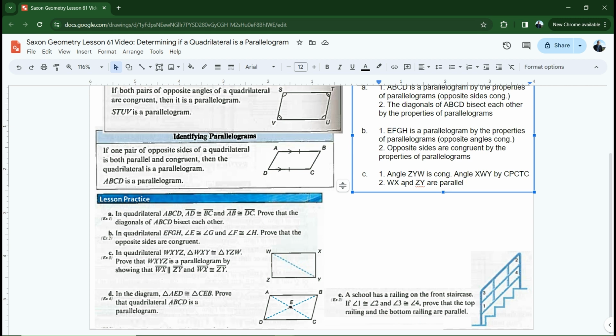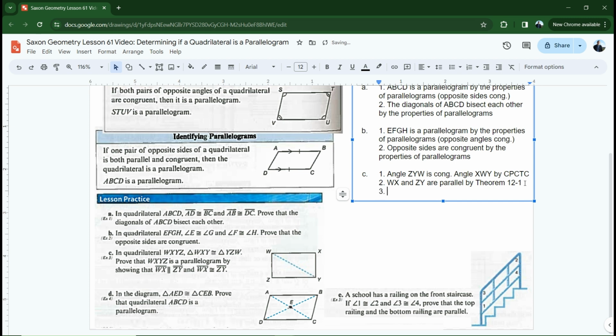So this is going to be proving that they're parallel by the converse of the alternate interior angles theorem, which states if two lines are cut by a transversal and the alternate interior angles are congruent, then the lines are parallel. So I'm just going to state that that's theorem 12.1 because I just looked that up. But that's the converse of the alternate interior angles theorem because I proved that the alternate interior angles are congruent.